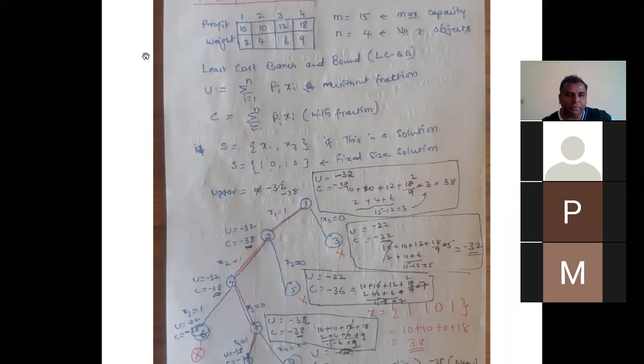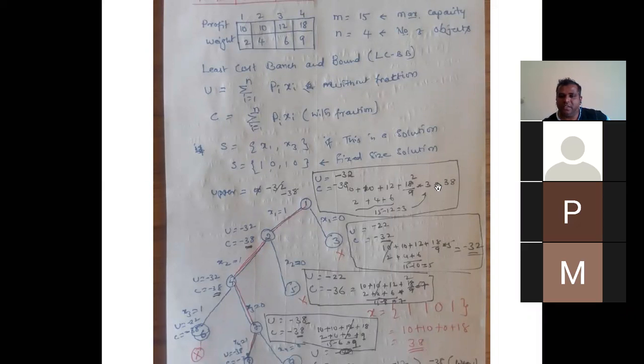With fraction, for the C value, the first, second, and third objects are completely considered. The remaining capacity is 3 only. The weight of the fourth object is 9 and its profit is 18. That means some portion of the fourth object is considered, a fraction.